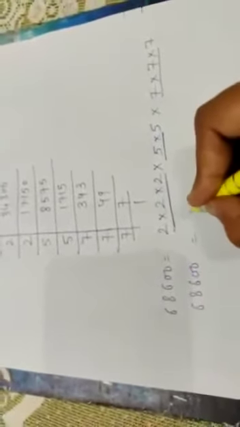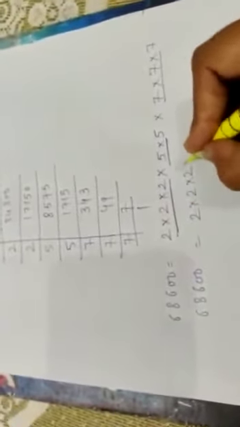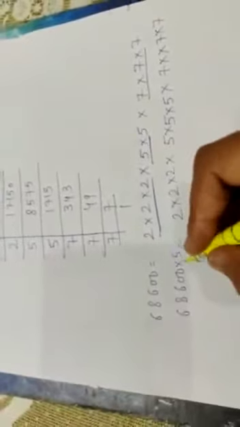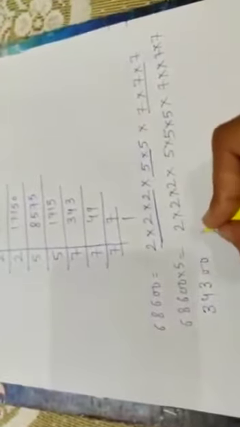Now we have to find the smallest number with which it should be multiplied to get a perfect cube. So we know that we need one more 5. If we multiply both sides by 5, it will become a perfect cube. So multiply. So the answer is 343000.